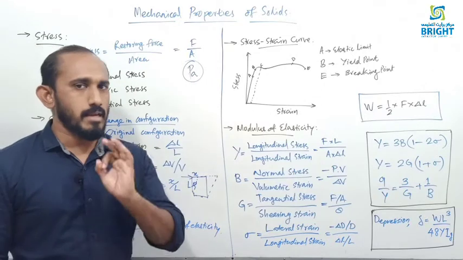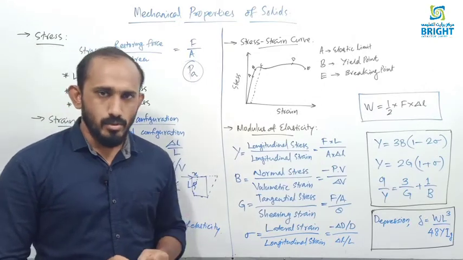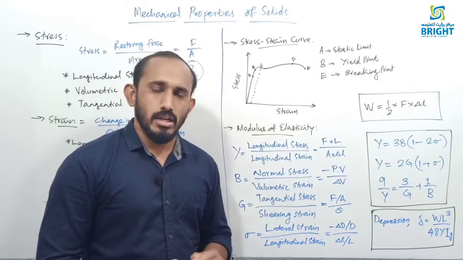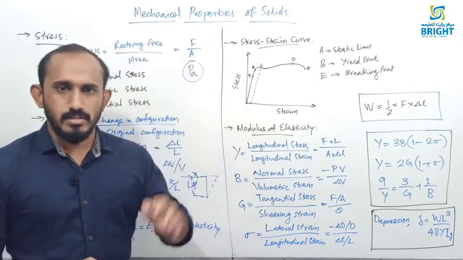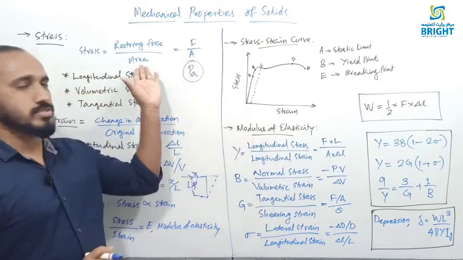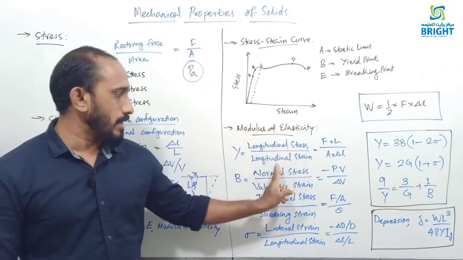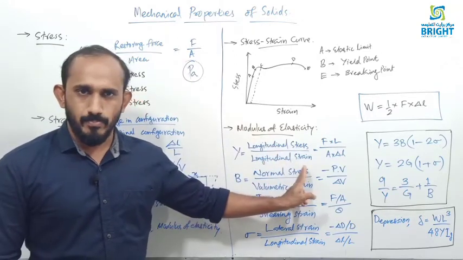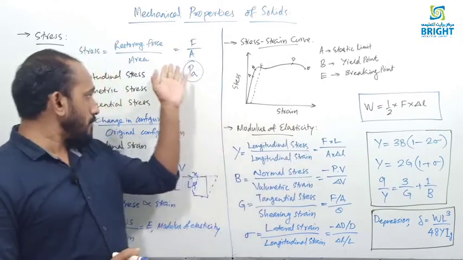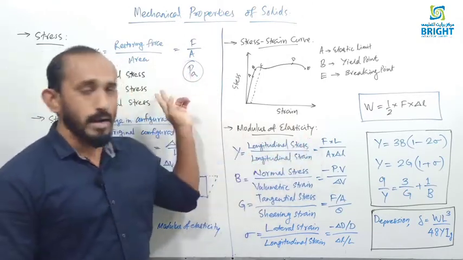We have 3 mainly modulus of elasticities: Young's modulus, bulk modulus and rigidity modulus. These 3 correspond to the 3 stress and strain. Young's modulus is longitudinal stress by longitudinal strain. Stress has the same unit equation everywhere, force by area.